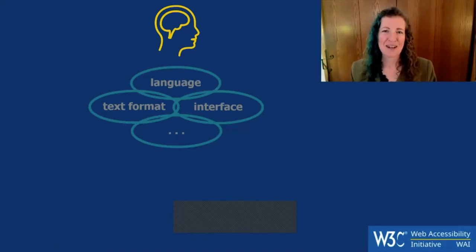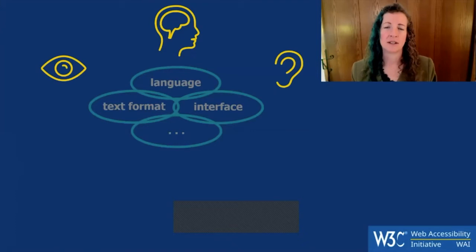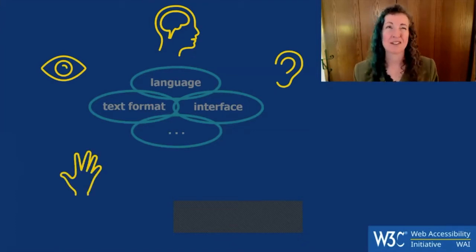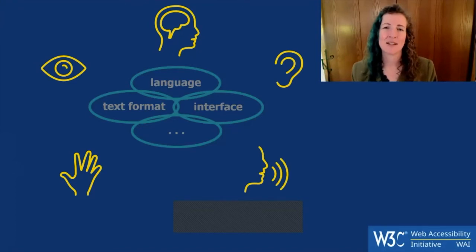Now, we've introduced some of the issues with language and cognitive accessibility, but at W3C, we look at all disabilities, including vision, hearing, motor, physical, speech. So we look at the broad range of accessibility needs.